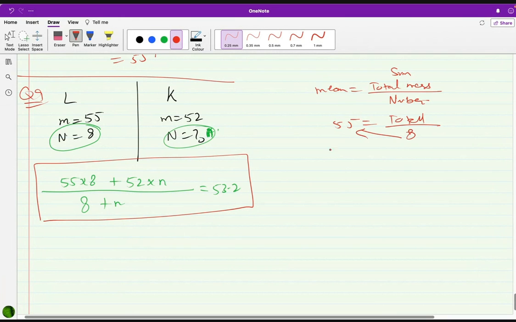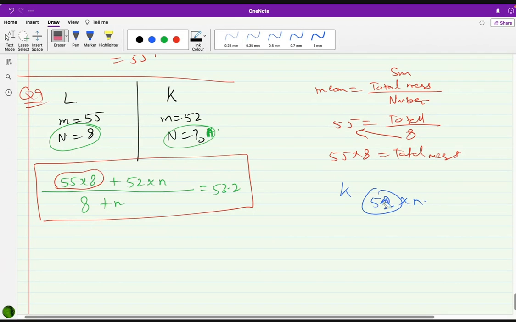So the total mass of leopards is 55 into 8. On the other side, for the kangaroos, it's the same: average multiplied by the number of kangaroos. Any doubt? No, sir.